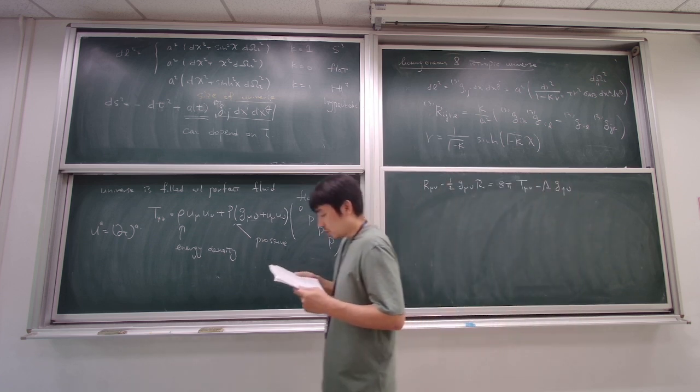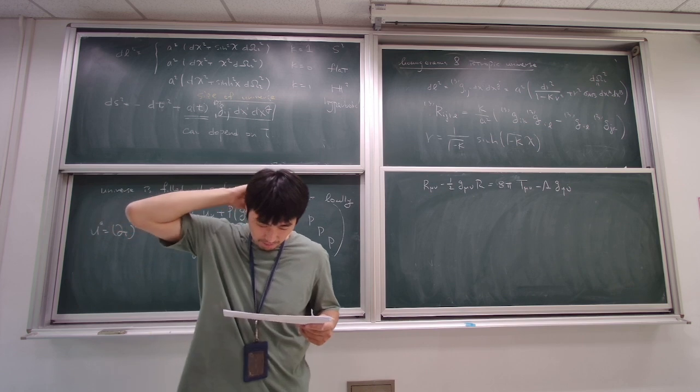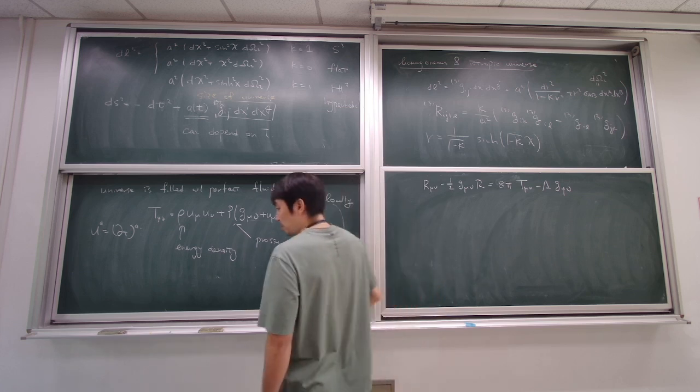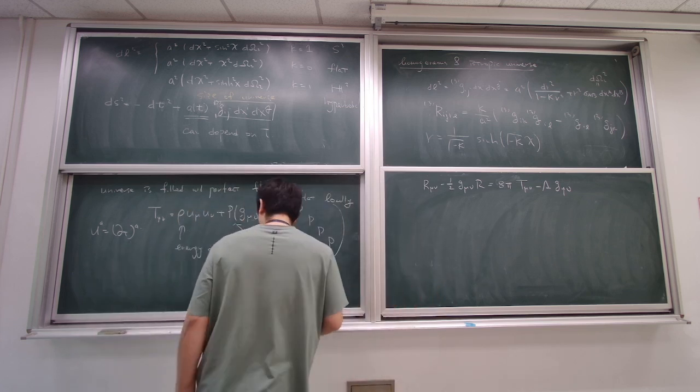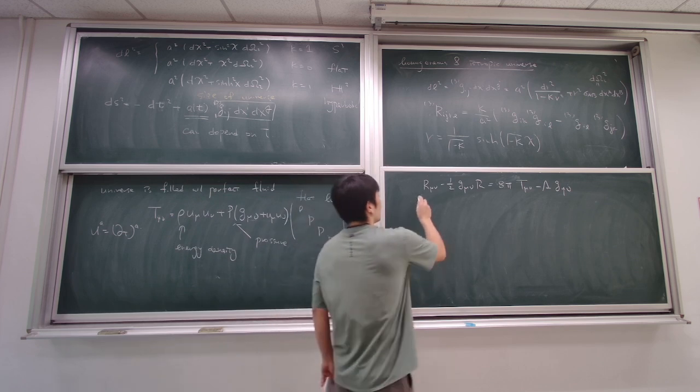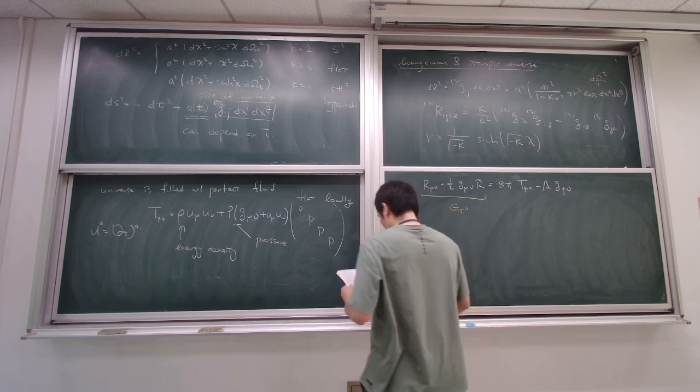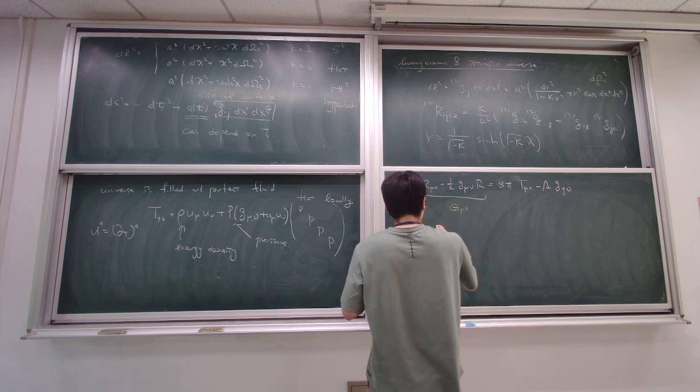I declare G and c equal to 1. And then we just need to solve the equation, and I'll be brief. I call this one capital G mu nu.